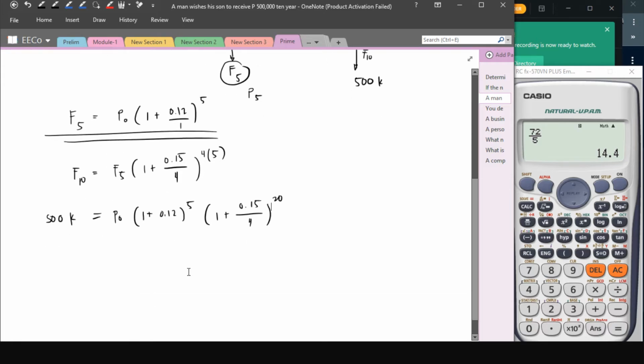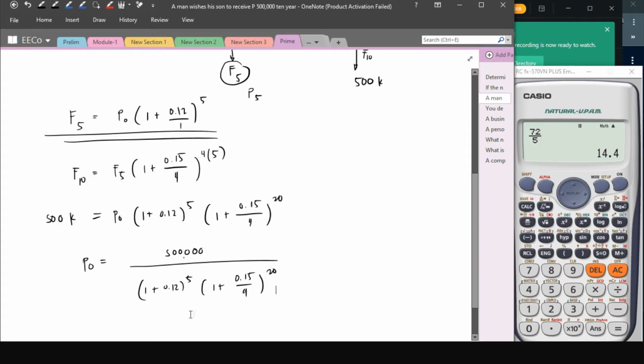Divide ko na lang. So, P0 will be equal to 500,000 divide by 1 plus 0.12 raised to the 5th power tapos 1 plus 0.15 divide by 4 times 20.